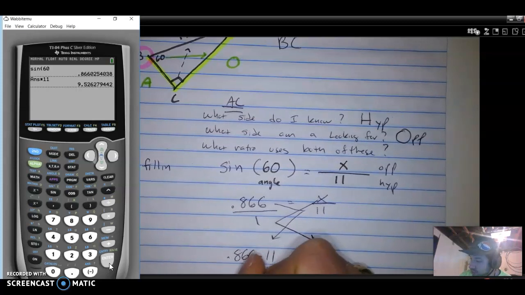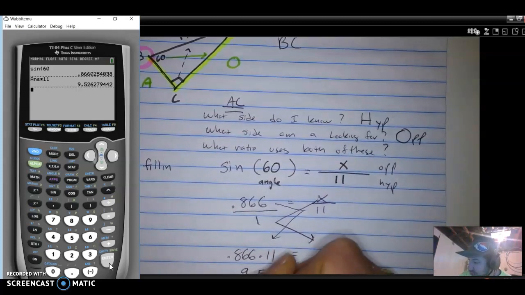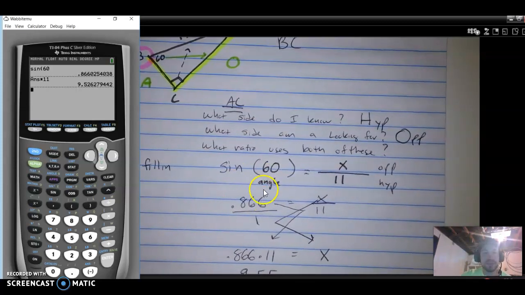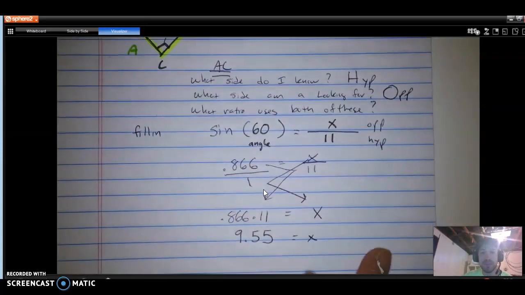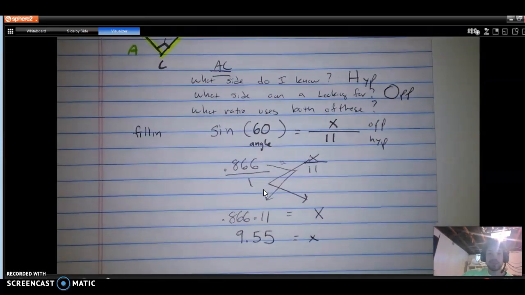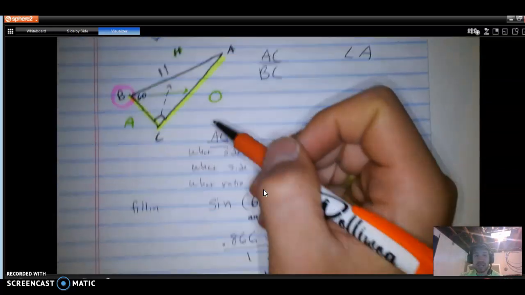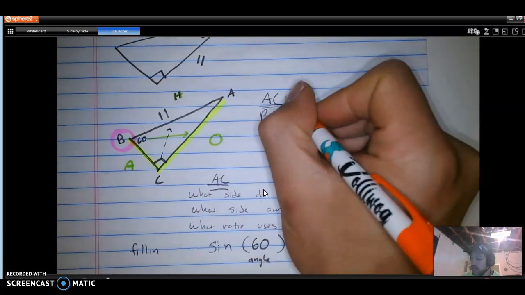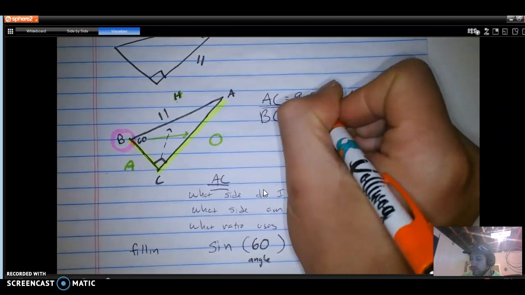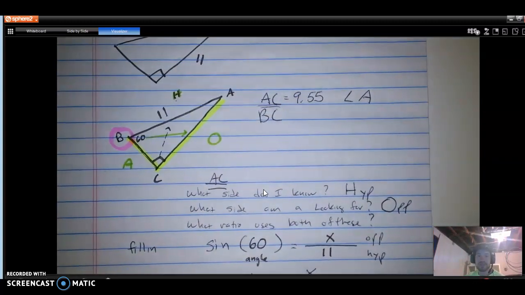X equals 9.55. So now I can plug into my unknowns. AC is 9.55.